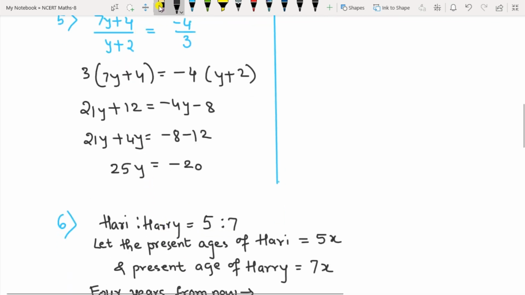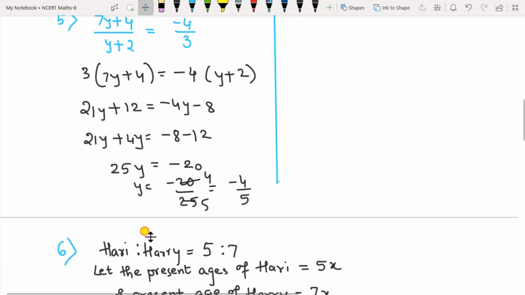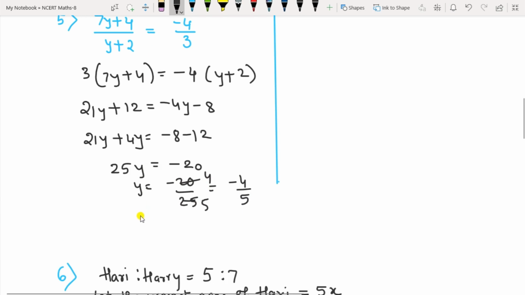So it becomes y equal to minus 20 upon 25. Do the cancellation. 5 4s are and 5 5s are. So it is minus 4 by 5 is the answer. So the value of y will be minus 4 upon 5. This is the answer.